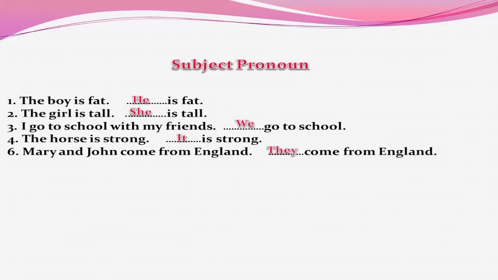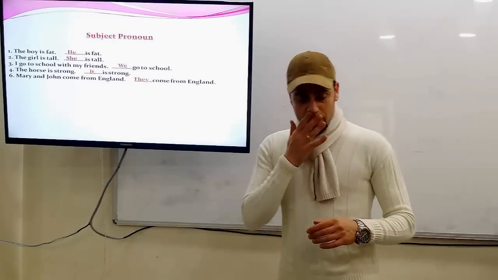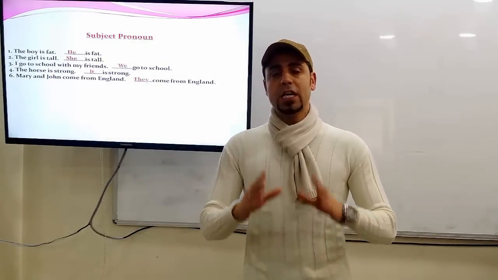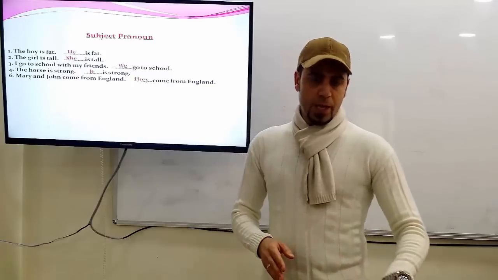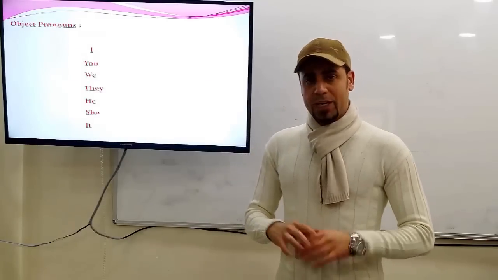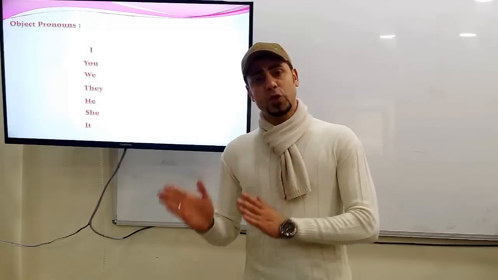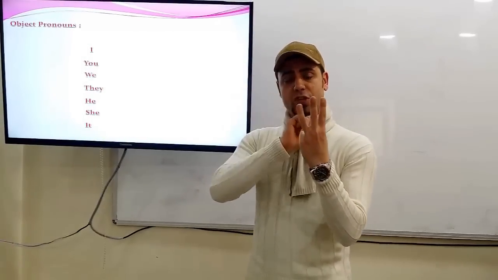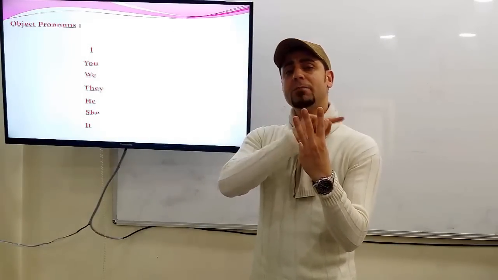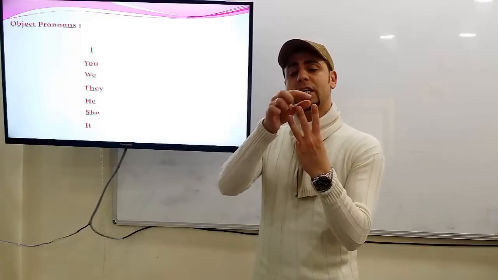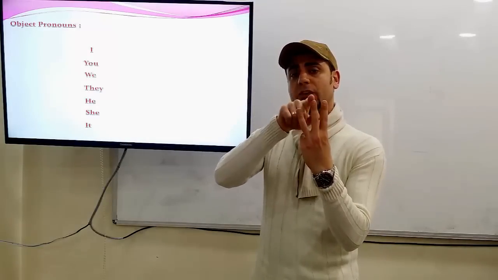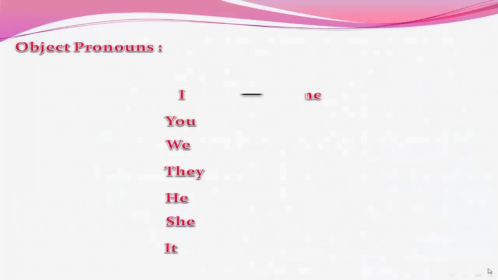Here are the answers and how they were correct, right? Now, we will move to another kind of pronoun, which we call the object pronoun. Object pronoun is simple. It comes after the verb. I see him. I, subject, see, verb, him, object. Now let's see how it works.